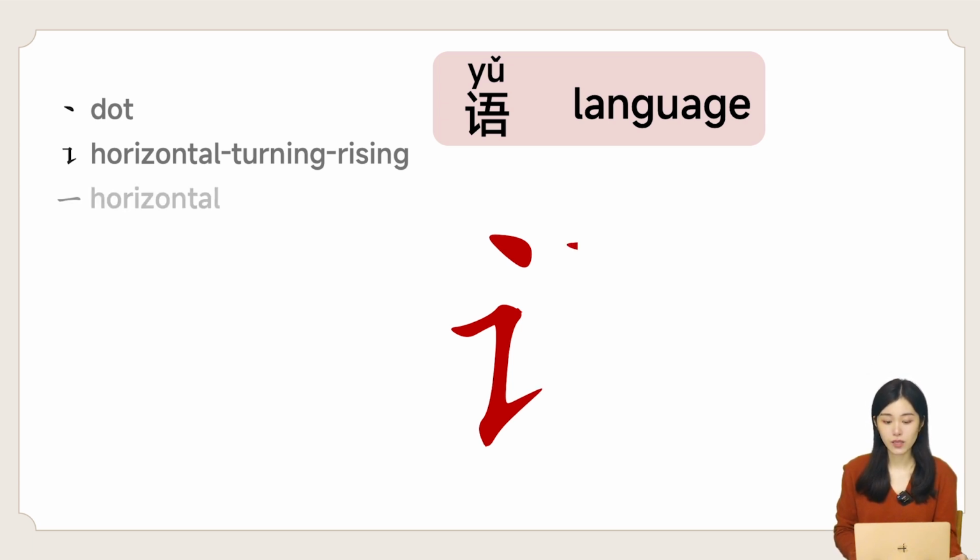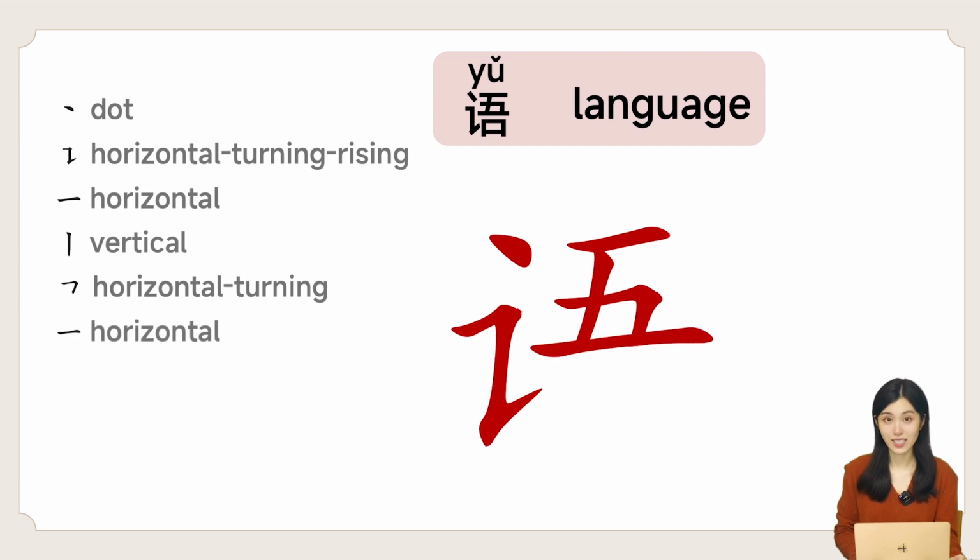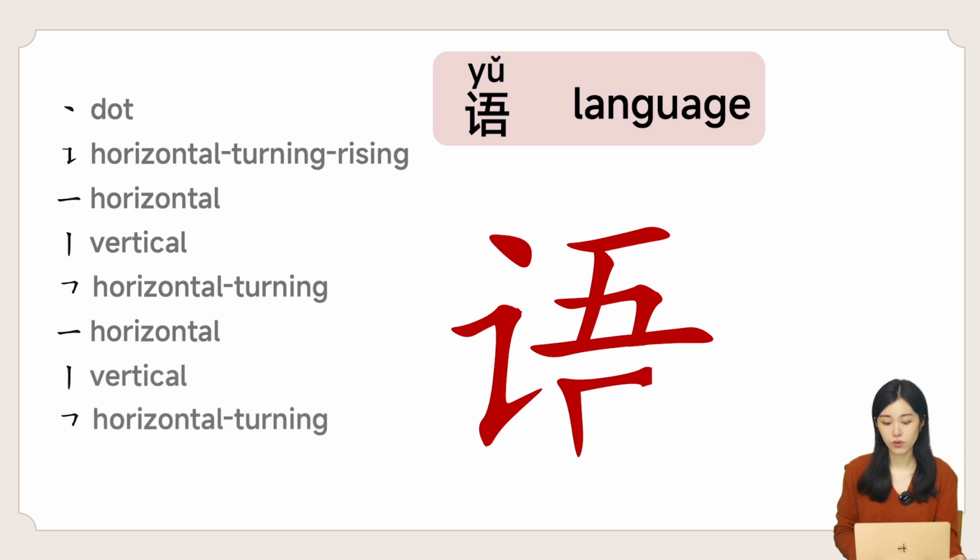Write the horizontal stroke on the top, and then a vertical stroke. Next one, a horizontal turning, a horizontal stroke. And then move on to below, a vertical stroke, a horizontal turning. The last one is a horizontal stroke. Okay, it's a little bit complicated, but you can do it. Now, move on to the next character.